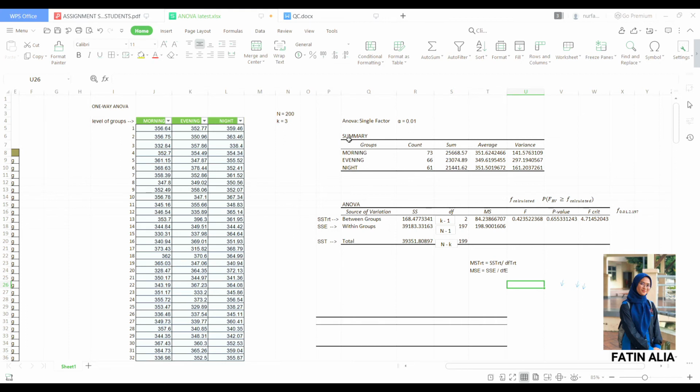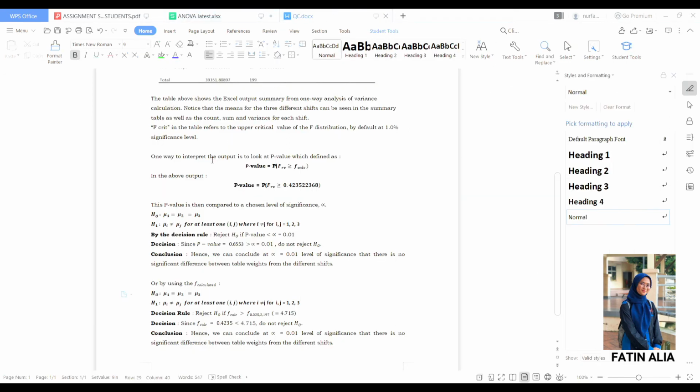From this result, we can make a conclusion. We can make two conclusions, I mean by using the p-value or the F calculated. So we state the hypothesis statement like this, and by p-value, the decision rule is to reject H naught if p-value is less than alpha, which alpha is 0.01.